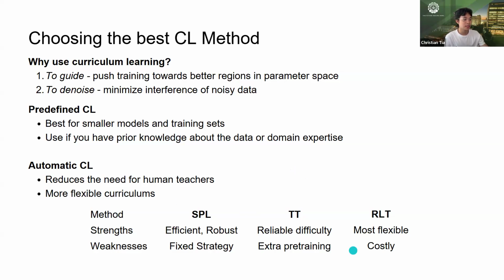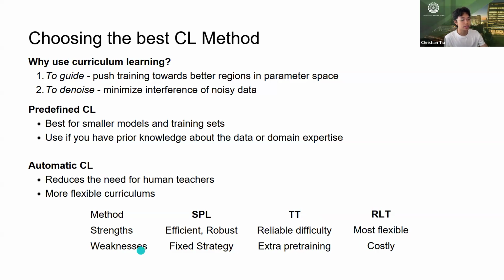This summarizes the main strengths and weaknesses of each automatic curriculum. Self-paced learning is more efficient and robust, but its weakness is that it's a fixed strategy, so it's not like reinforcement learning that can adjust throughout the duration. Then we have the transfer teacher, where the difficulty is reliable because the teacher has been pre-trained from the start.